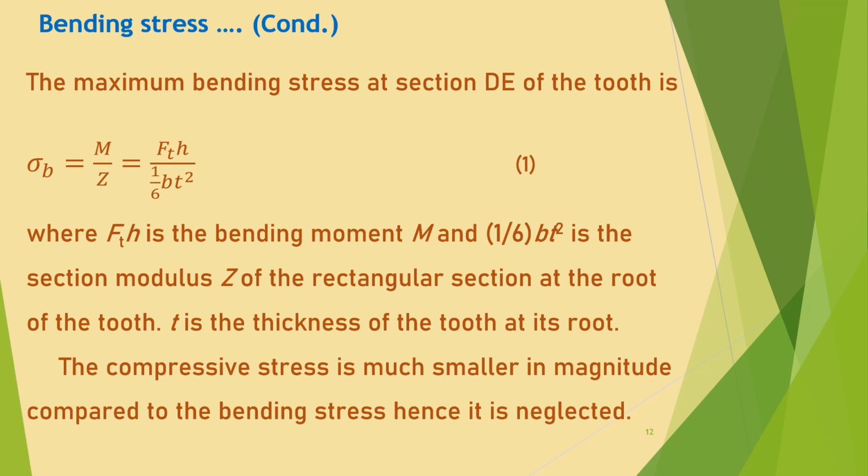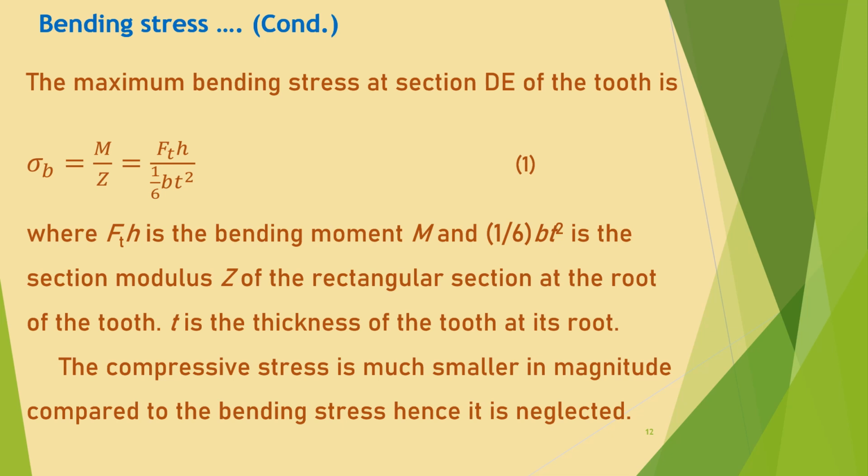We have seen that the tangential tooth load induces bending stress, which is maximum at section DE. Hence, the bending stress will also be maximum at this section, and it is given by equation 1, where M is the bending moment, which we have already discussed as Ft into h, and Z is the section modulus at the root of the tooth.